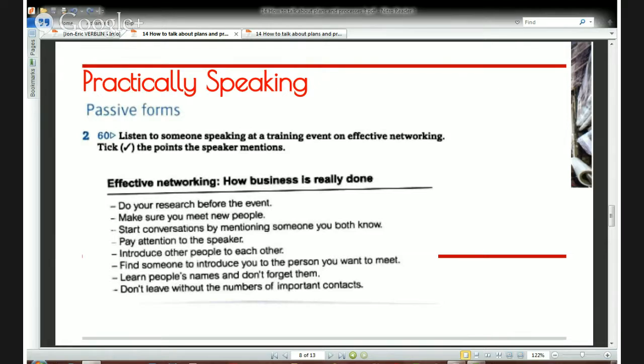Okay. So what is it? What do we call it when you start a conversation without mentioning the person that you have in common? You find someone to introduce you to the person you want to meet, yeah? And rather than what? Meeting them.